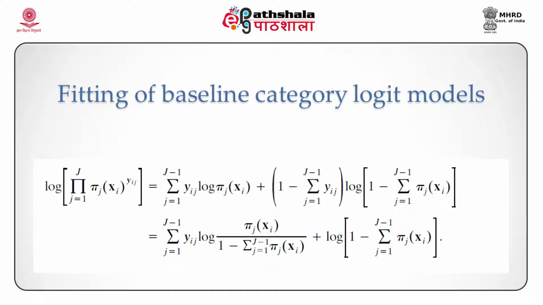We can substitute the beta_j's in this equation and get the likelihood for the beta_j's. Subsequently, we can maximize this function.